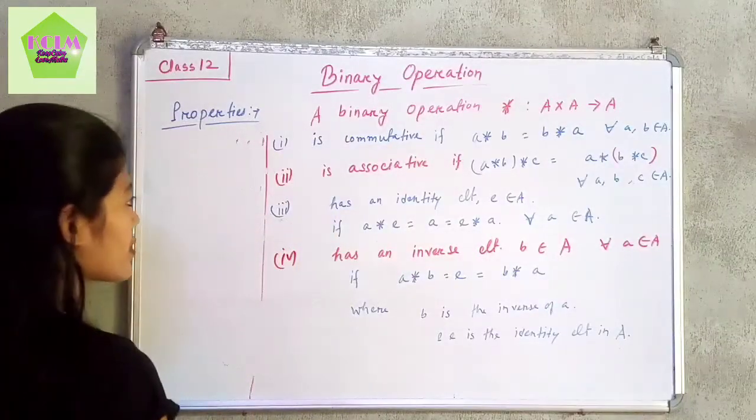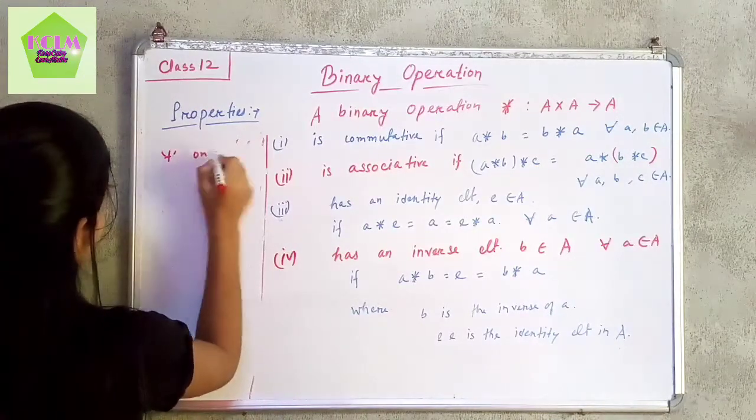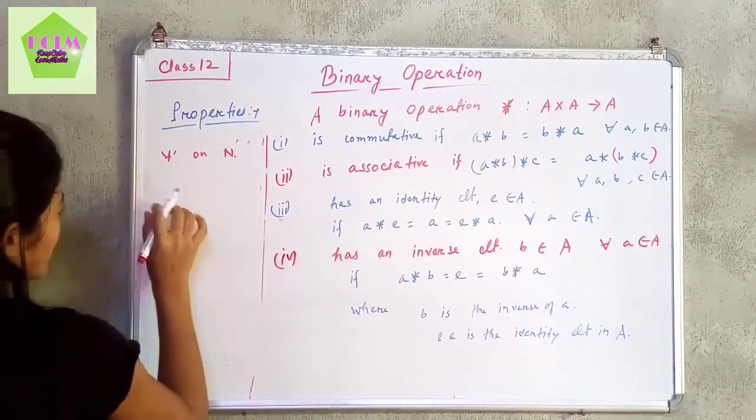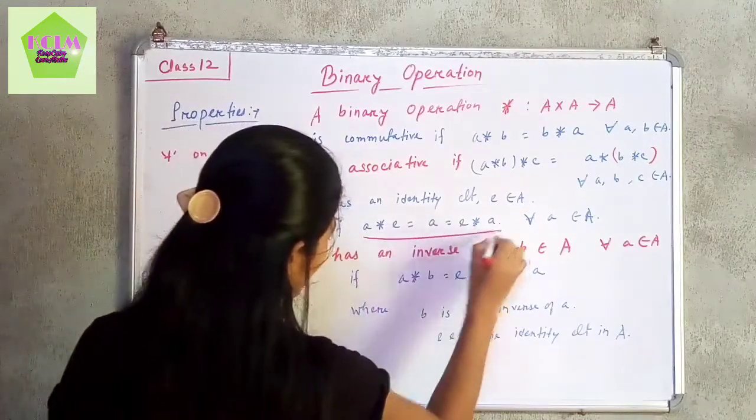Again, I take the addition as binary operation on the set of natural numbers. So what will be the element for which we can prove this statement?